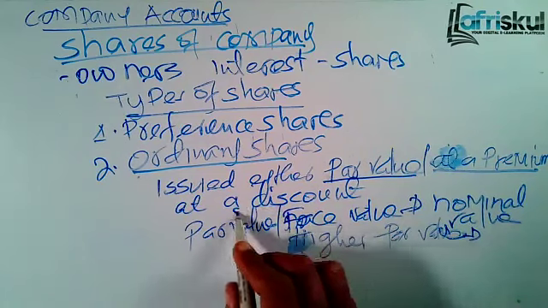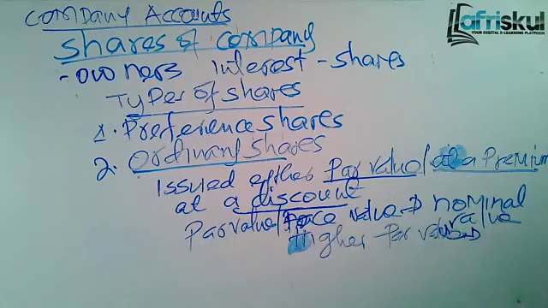Now, the last one is at a discount, whereby the shares are issued at a price that is lower than the value. However, this is not allowable in the stock exchange. You will only be allowed to issue that when you are issuing, for example, a rights issue.